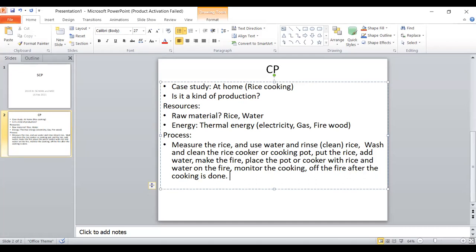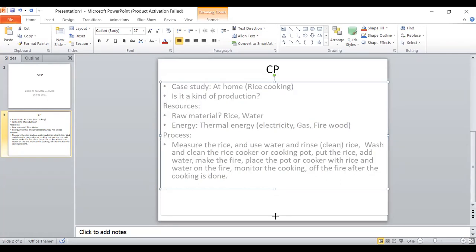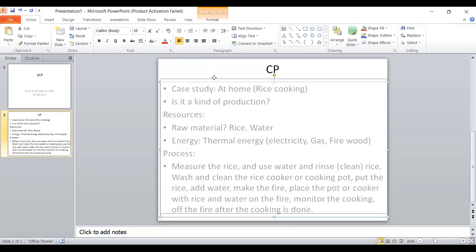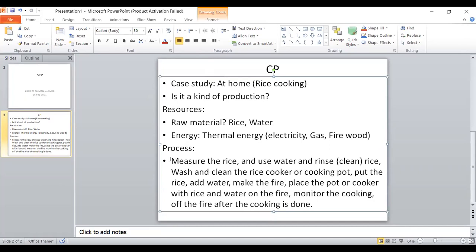It's a process. Even in big kitchens, of course, at industrial scale, you may have a similar one. Once the cooking is done, not finished yet. Process. So this is maybe item 1.